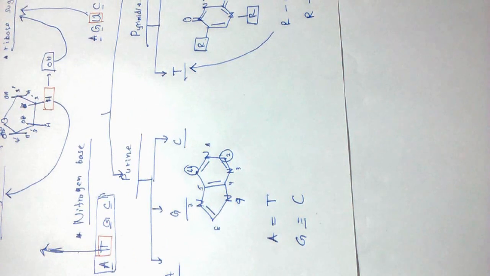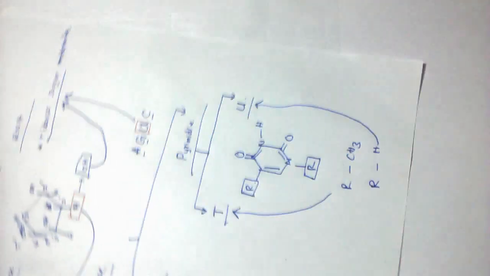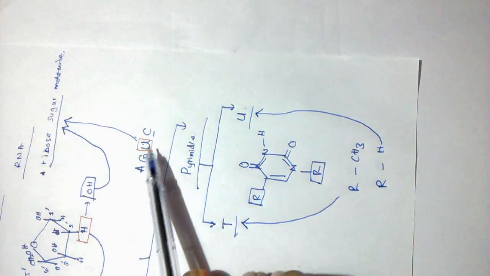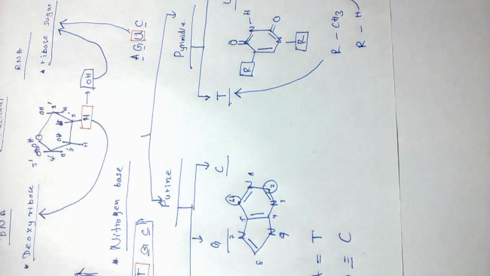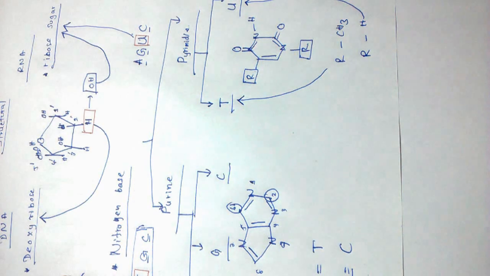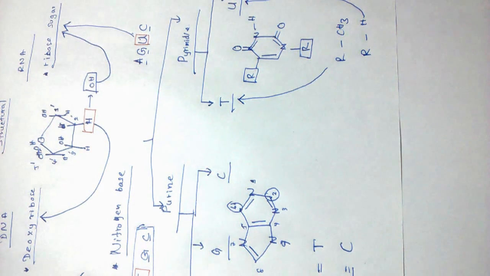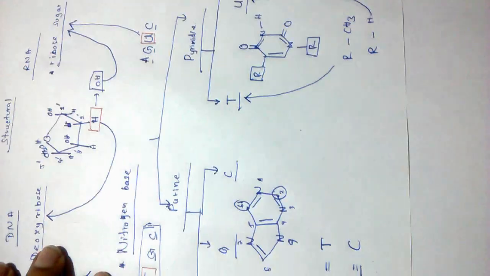Therefore, the deoxyribonucleic acid or DNA molecule contains adenine, thymine, guanine and cytosine, and the RNA molecule contains adenine, guanine, uracil and cytosine. This is the difference between DNA and RNA. The nitrogen bases thymine and uracil are both pyrimidine bases but are different. DNA contains thymine and RNA contains uracil.